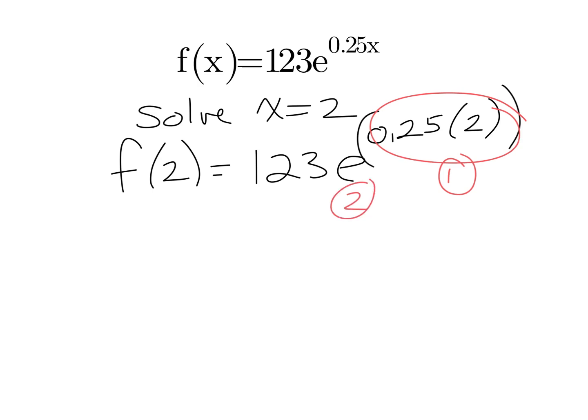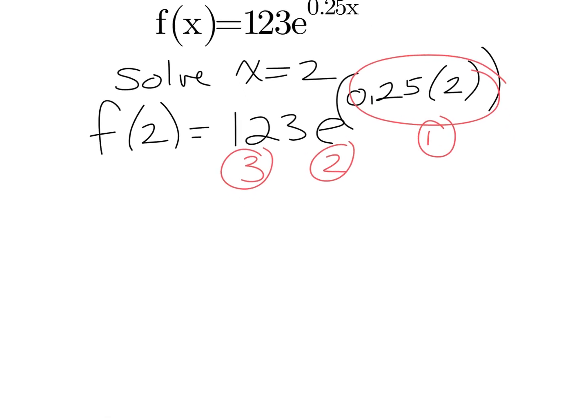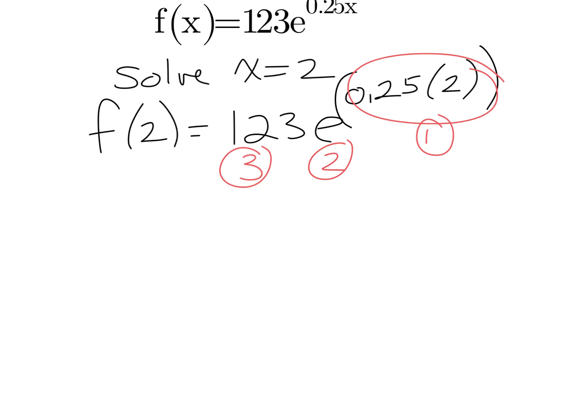Second would be raising e to that power. And the third would be multiplying by that coefficient 123.